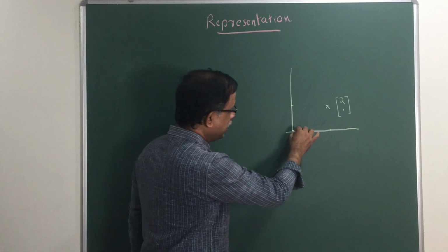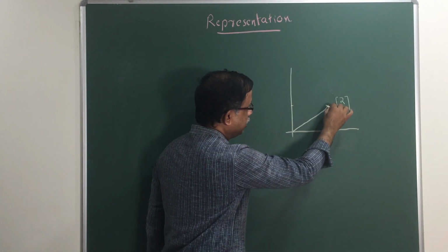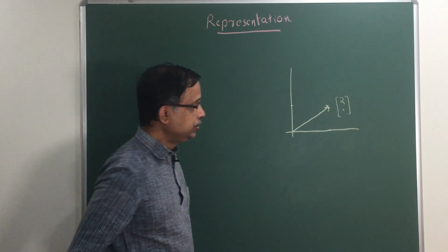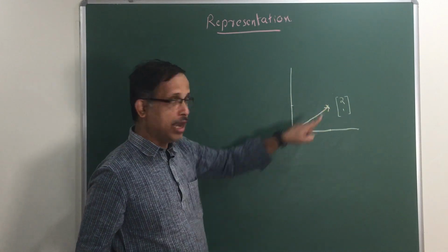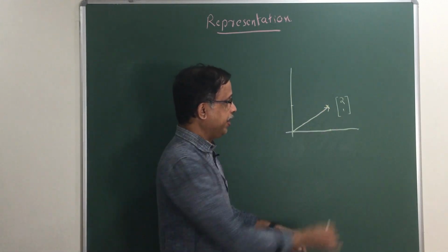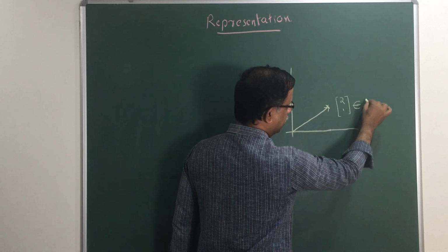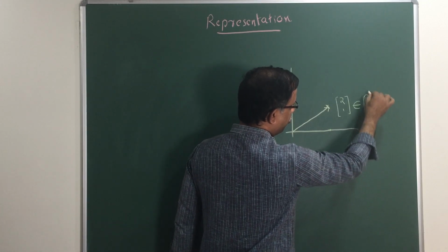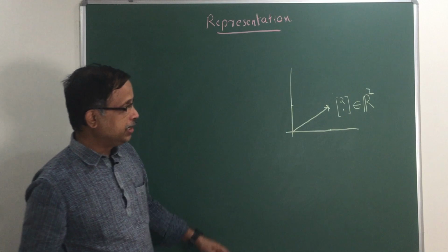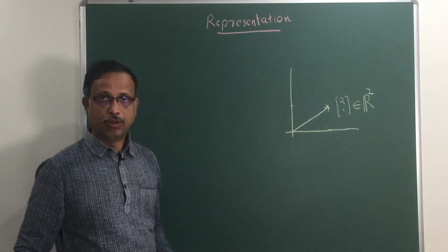You can also understand this as a vector (2, 1). So the representation that we have as a vector in 2 dimensions, you should also appreciate the geometric interpretation of it.